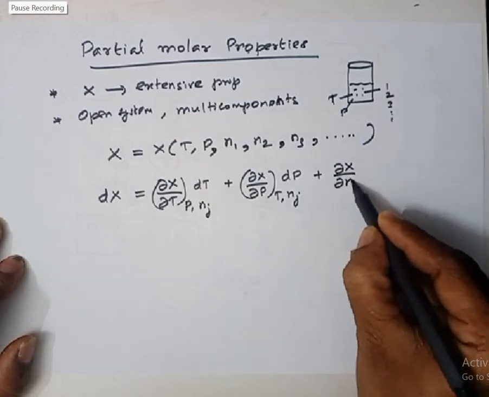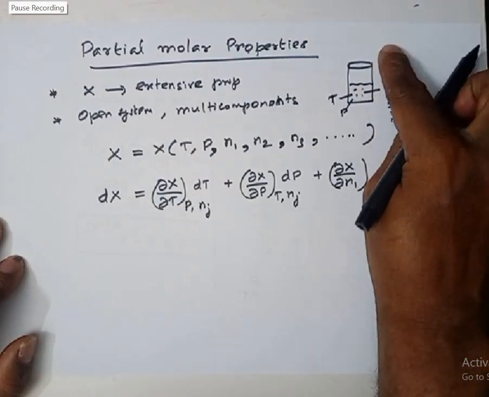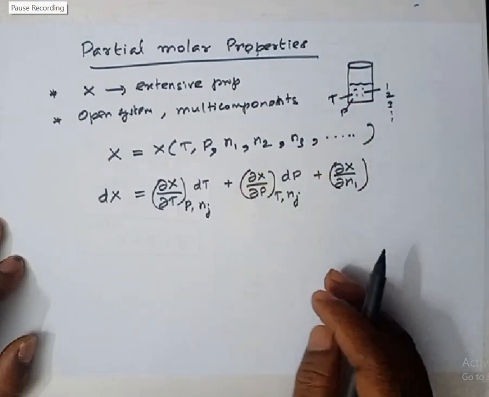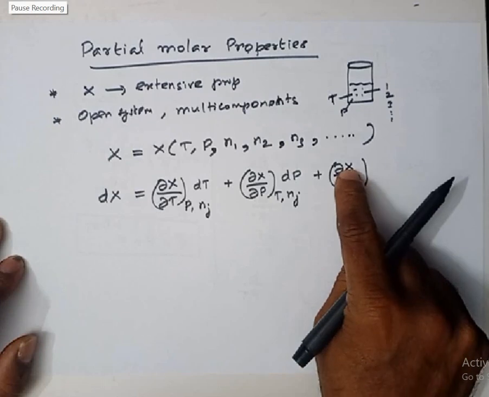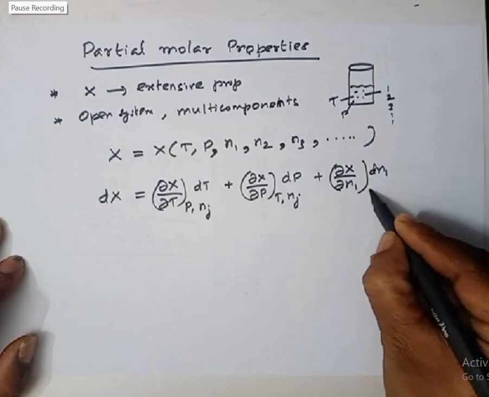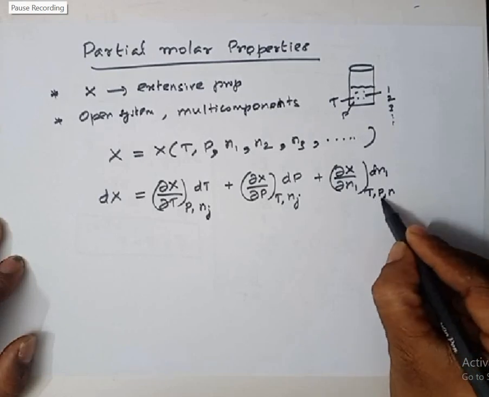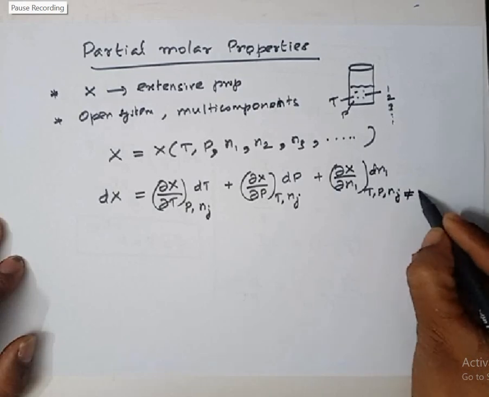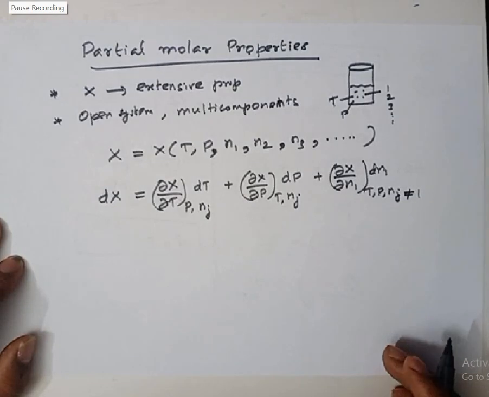Then plus the change in X due to change in number of moles of component 1. Sometimes component 1 may go out, therefore the number of moles of component 1 may change. So the change in X into dN1, keeping temperature, pressure, and number of moles of all the components constant except component 1, because 1 alone is varying.